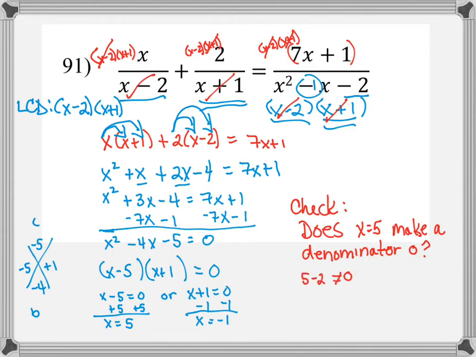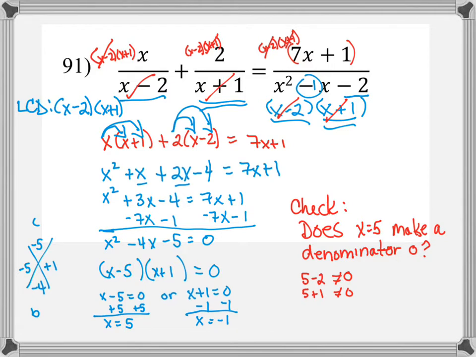So if I put 5 in for x and x minus 2, that first denominator, does 5 minus 2 equal 0? No. Does 5 plus 1 equal 0? No. And if neither one of those equals 0, it's not going to make the product equal to 0. So x equals 5 is a solution.